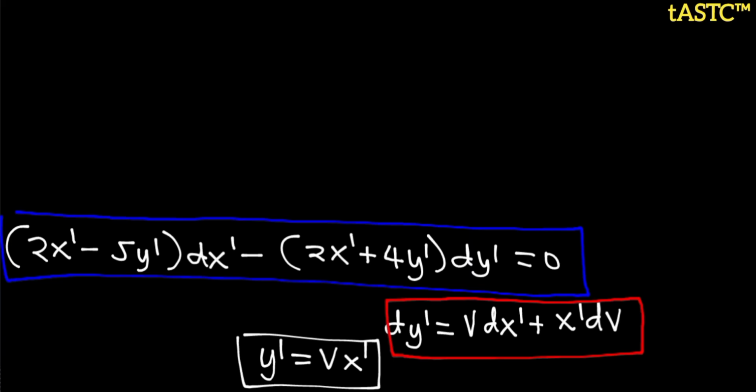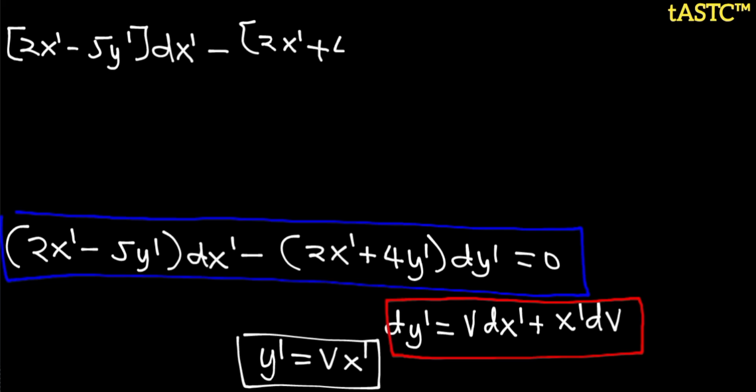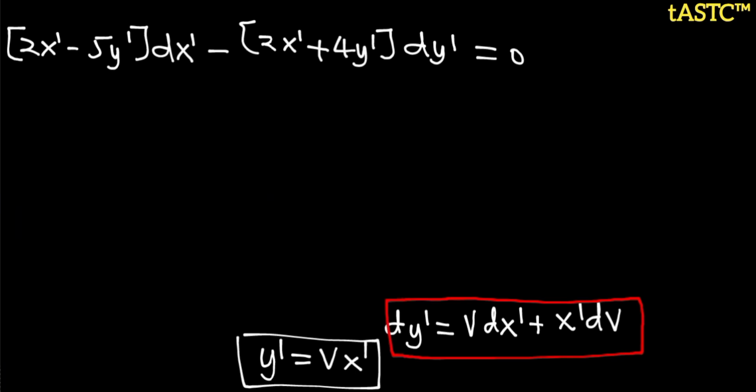So the equation that we have is (2x prime minus 5y prime) multiplied by dx prime, minus (2x prime plus 4y prime) multiplied by dy prime, and that is equal to 0. Next up, we said that y prime is vx prime and dy prime is equal to this.